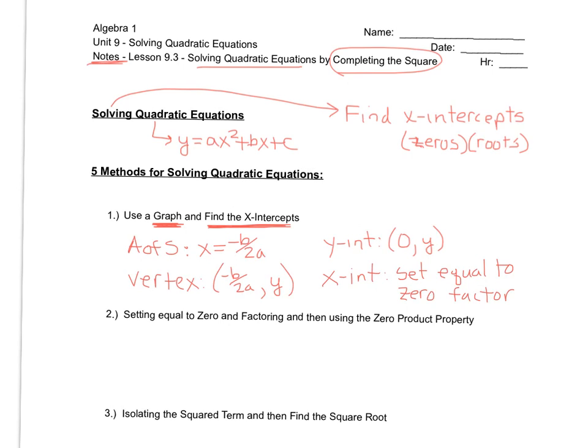One other important thing is when we're solving quadratics, there will either be one solution, 2 solutions, or none.